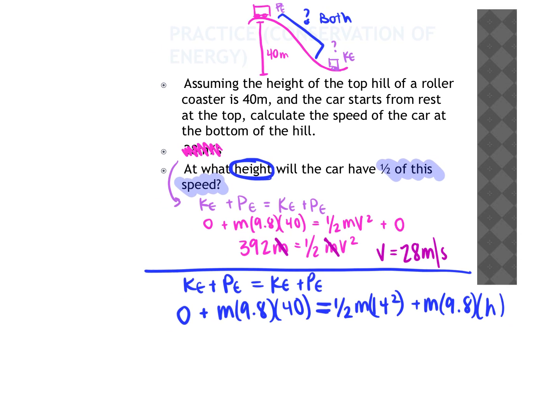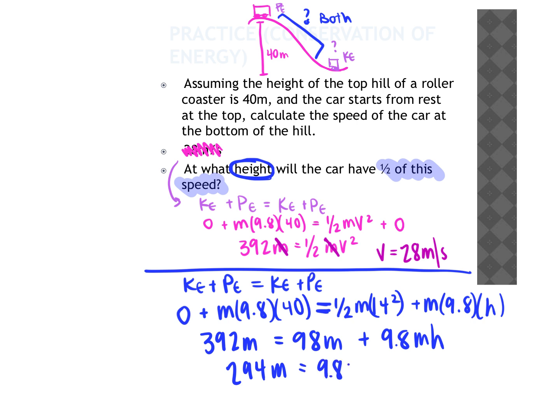All right. So this side is still going to be 392 m equals 98 m plus 9.8 mh. Then I'm going to combine my like terms. 294 m equals 9.8 mh.